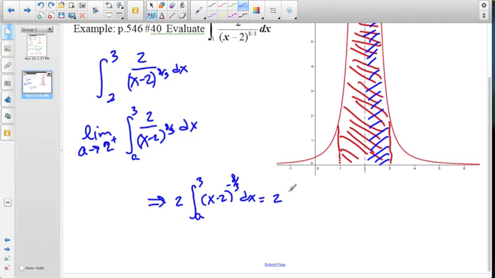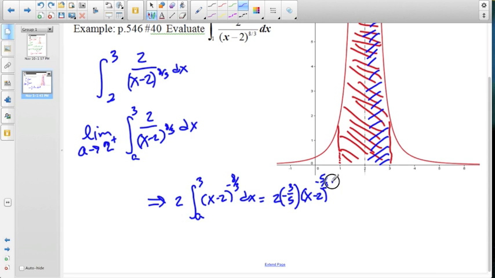Flipping that is going to be negative 3/5, times x minus 2 to the negative 5/3. Looking at a u-sub in the middle here, we don't have anything that we need in terms of a constant out here.